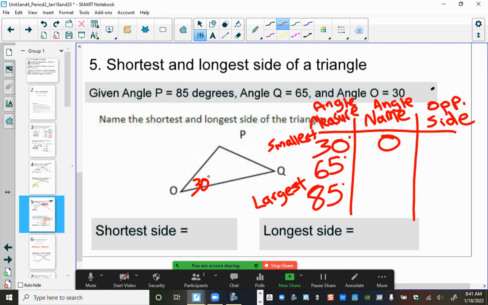We use O, P and Q. P and Q is going to be your opposite side. Anytime, write down the three letters of your triangle. Look at what angle you're given. The two other letters give you the opposite side. That's the name of the game there.